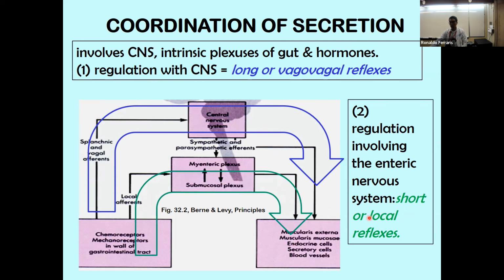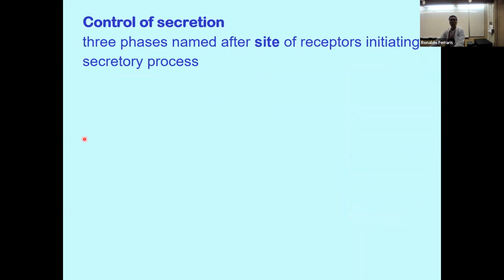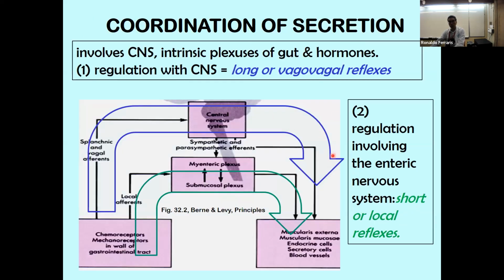So again, these are two terms used by different books and different websites. So in a way there are three types of control: hormones and long reflex or short reflex.